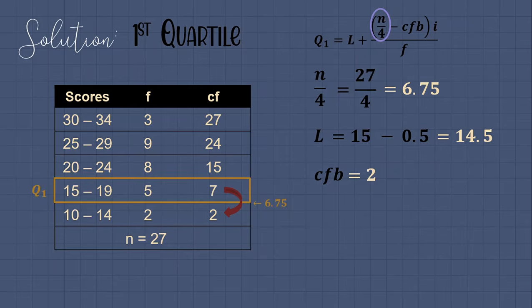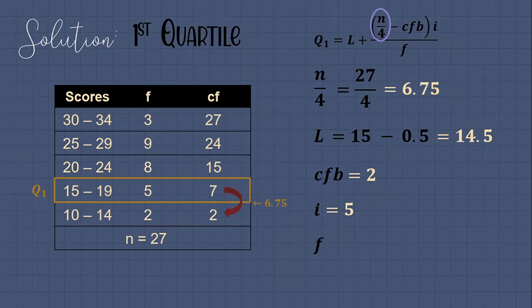Next one, we can now locate our I, or the interval, or the class size. How are we going to do that? We're just going to count the interval between each score. Since we have 15 to 19, we can count 15, 16, 17, 18, and 19. Now our interval is 5.